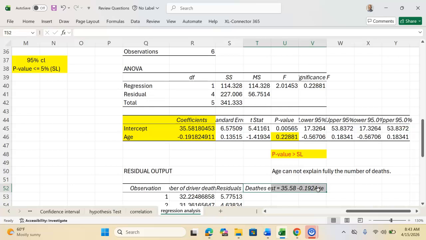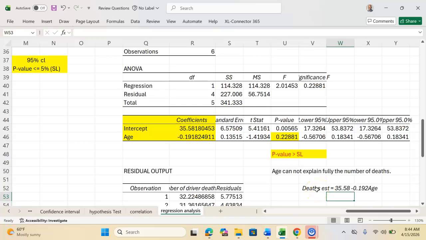Let me take this and move it here. So it says deaths estimate equals 35.58 minus 0.192 times age.